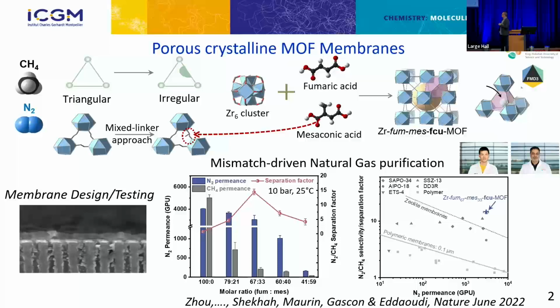And when you look at this graph, reporting the selectivity as a function of the permeability, you see clearly that this material outperforms both the polymeric and inorganic membranes. It was recently published in this paper, with also collaboration with Jorge Gascon and also a group from Edaudi.